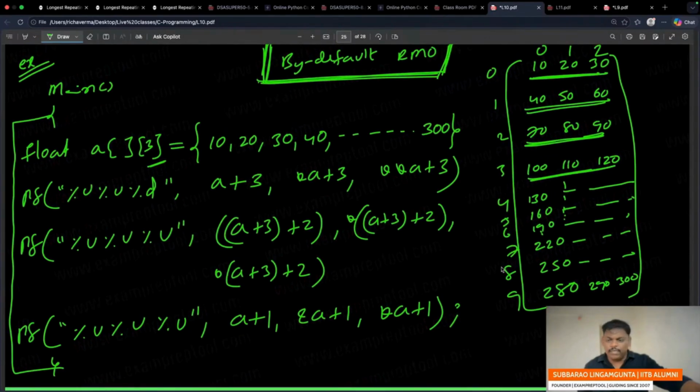By default, row major order. Can you go ahead? What is the answer of this problem? Everyone try.